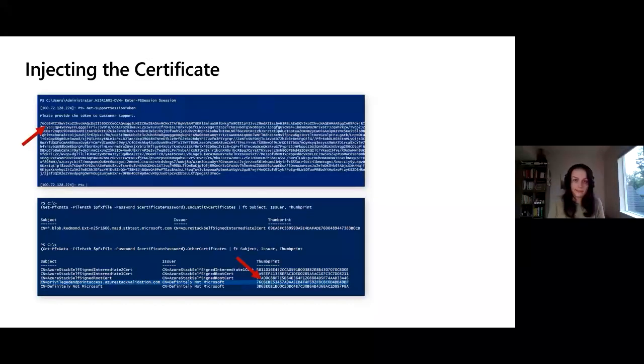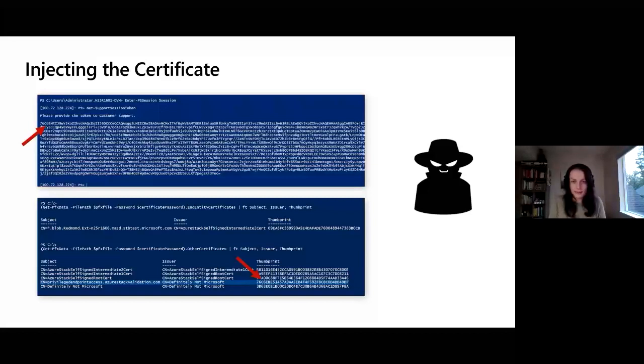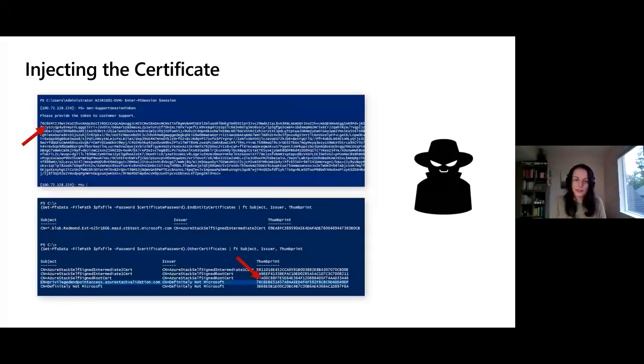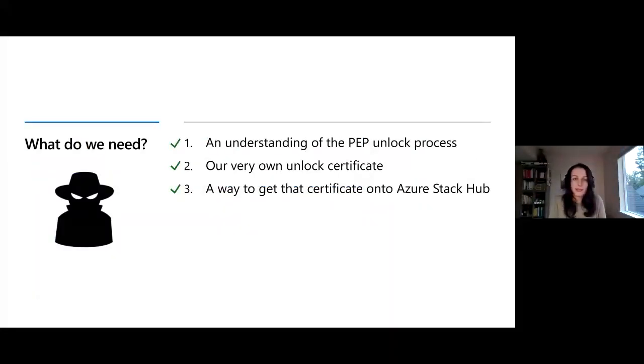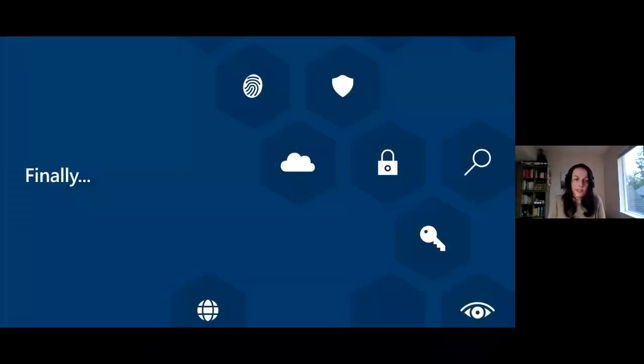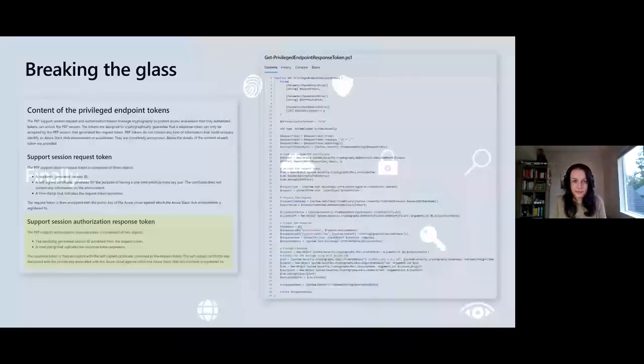That makes us pretty happy because it means we've successfully tricked the stamp into using our fake PEP certificate instead of the legitimate Microsoft one. And so with that, we've completed the last thing we needed to do, and we can finish breaking glass ourselves.